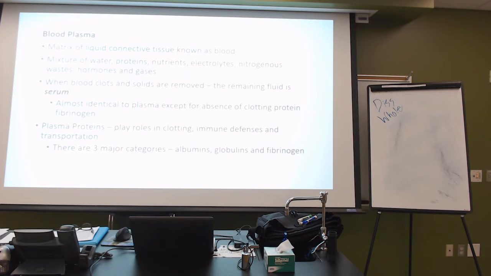But sometimes we may need to test the level of a hormone. We may need to test the level of a protein. We might need to test their level of albumins, which I'll mention in just a minute. So it might be that they don't need the whole component of blood. They only need part of it. It would depend on what process the doctor orders for the testing.